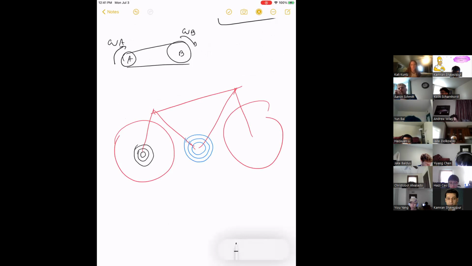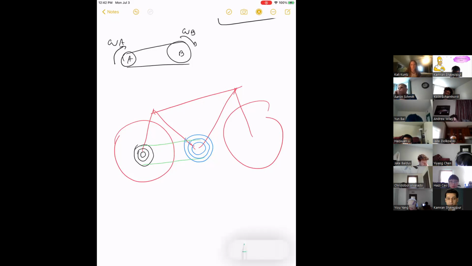If you go from the smallest gear to the biggest, for one rotation of this there are going to be so many rotations of that.